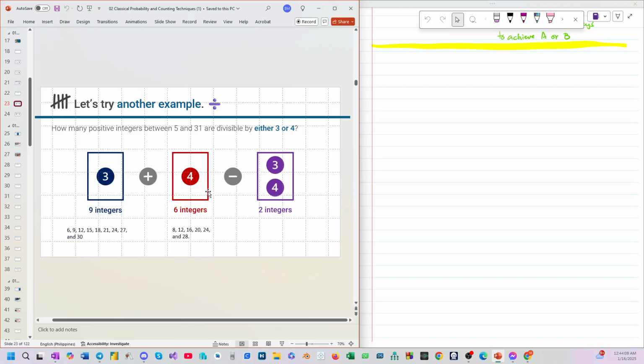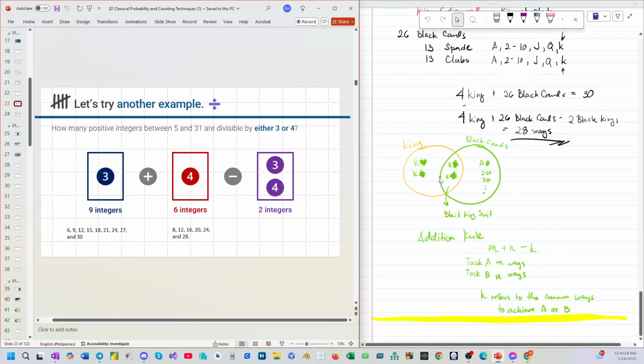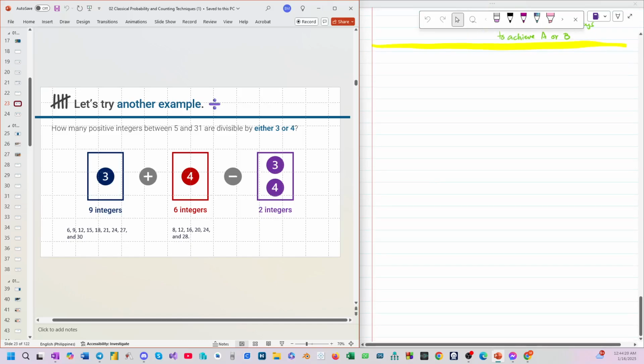So there are two ways for you to achieve this. One is that of course you can create the Venn diagram. Or since these are numbers, find the multiples of 3 times 4, or 12. So that's 12 and 24.